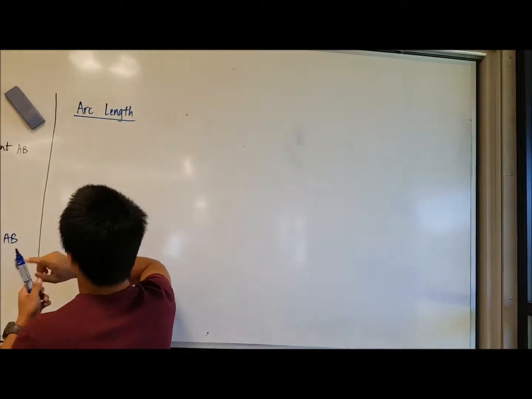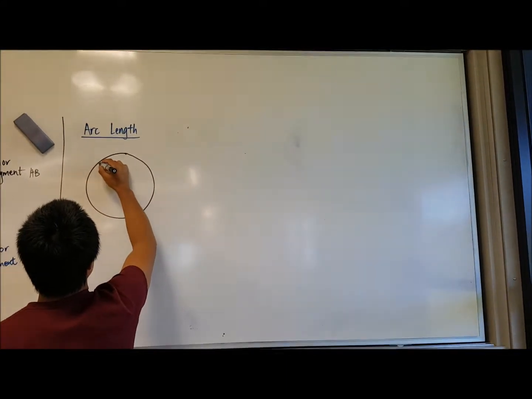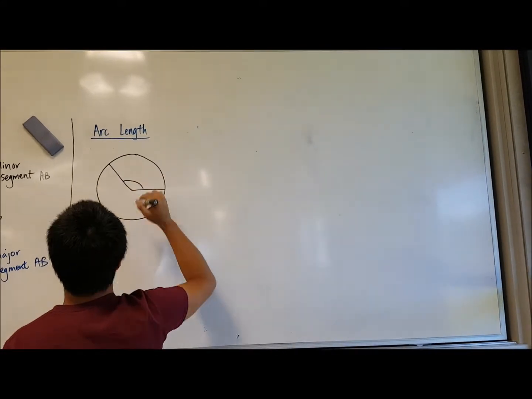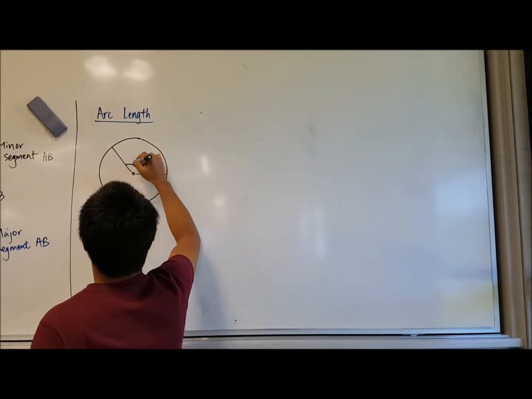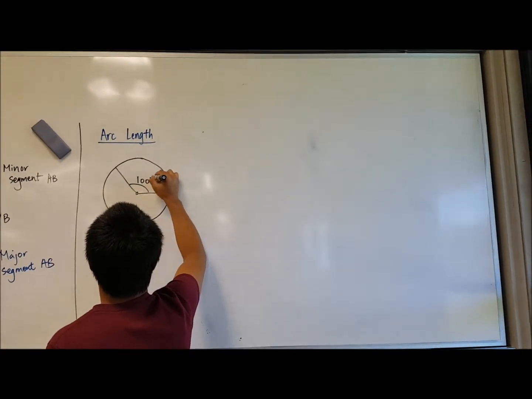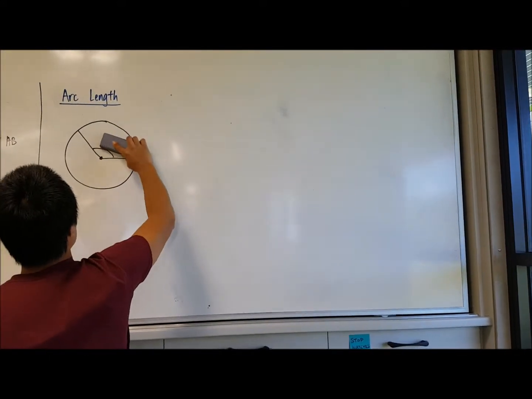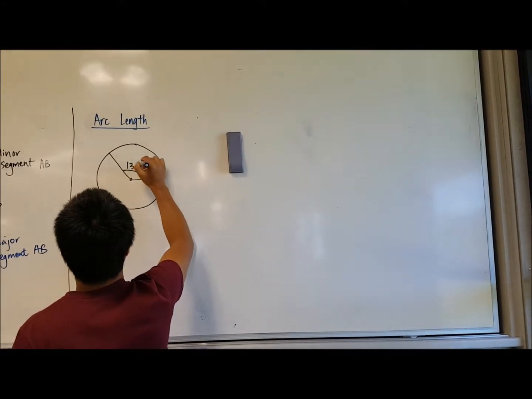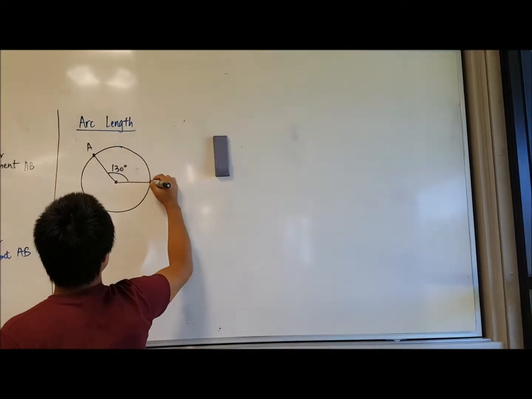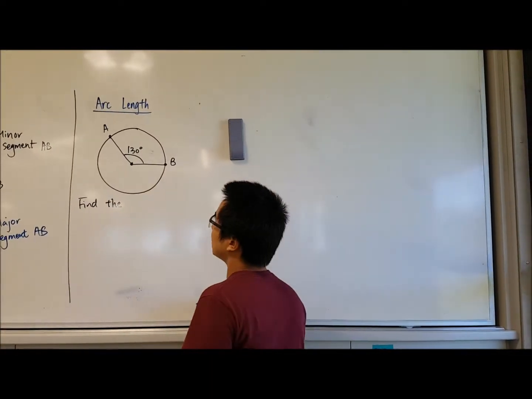So if I have a circle here with an angle of 130 degrees, and I want to find the major and the minor arc.